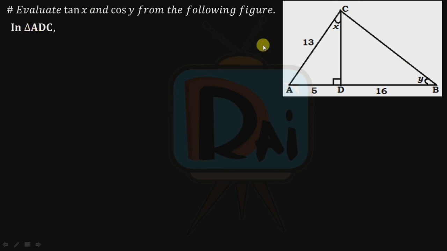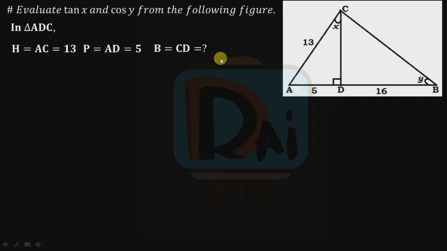So in triangle ADC, the hypotenuse is AC, which is equal to 13, and perpendicular AD. Why perpendicular? Because AD is the opposite side of angle X. So AD, the perpendicular, is equal to 5, and base is CD, which is unknown.